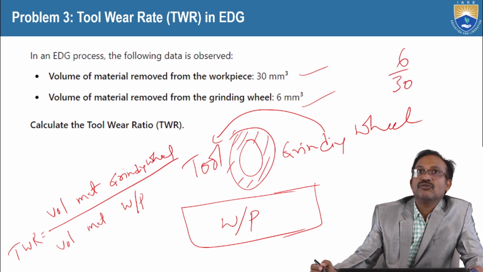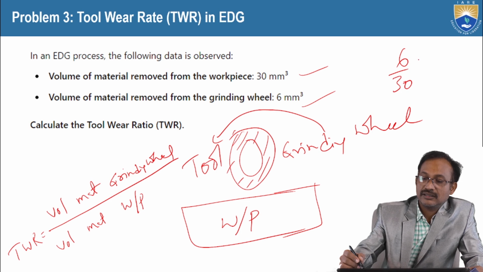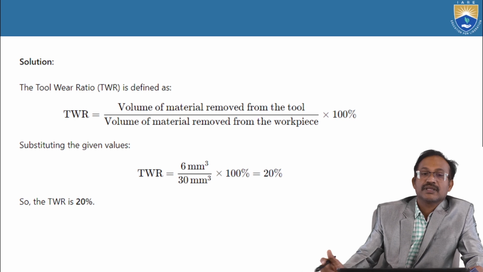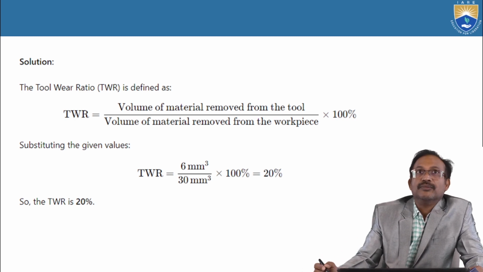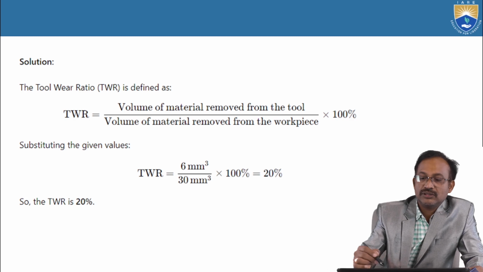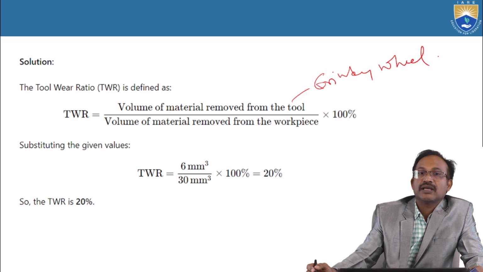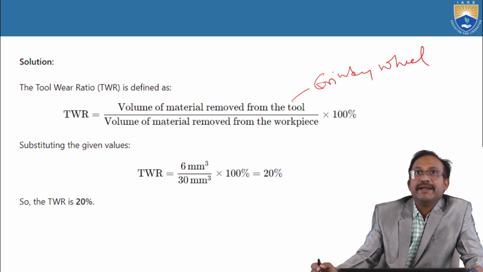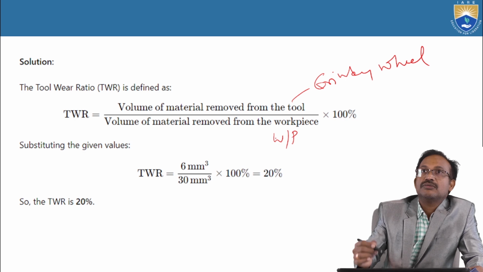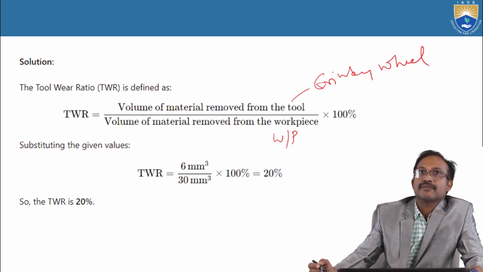If we want the percentage, multiply by 100. So tool wear ratio, TWR, equals the volume of material removed from the tool, that is the grinding wheel, divided by the volume of material removed from the workpiece, into 100%.